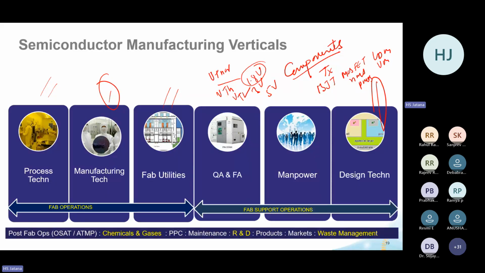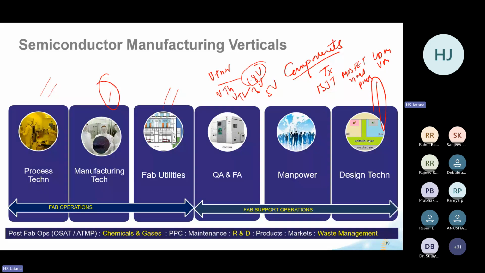RF designers are different, digital designers are different, and there are memory designers, standard cell library designers, and analog designers. In analog, some people specialize in only ADC, and within ADC some specialize only in sigma delta. It's a highly specialized area, and you have to go quite in depth if you have to make a good product. That is the point I want to make.